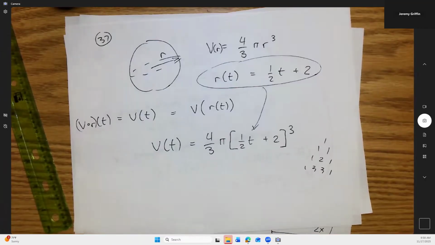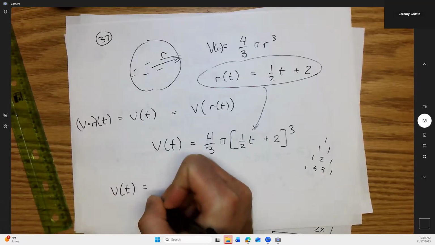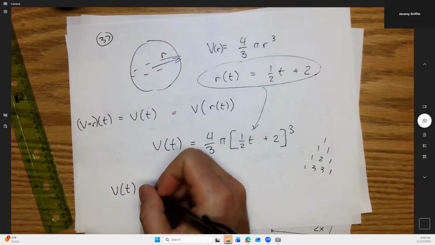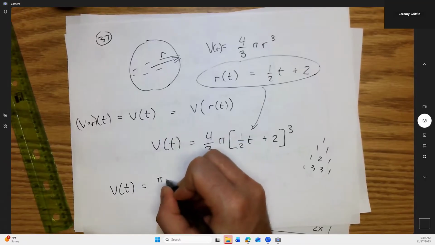Actually, I'll show you guys what the answer is, because I think you get the idea how to solve that. So when you expand it all out, you should get volume as a function of time is, let's see, I'm copying this out of the teacher's edition, but it does look right, I think.